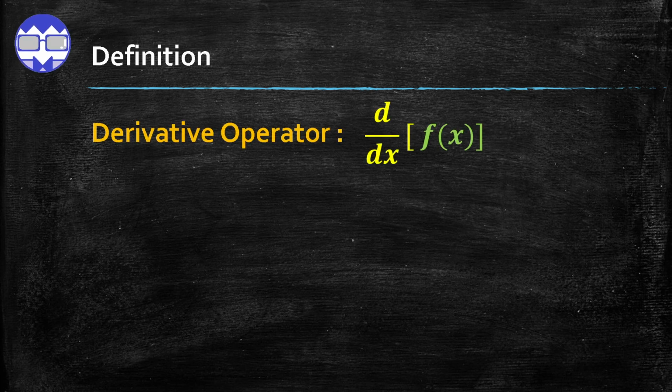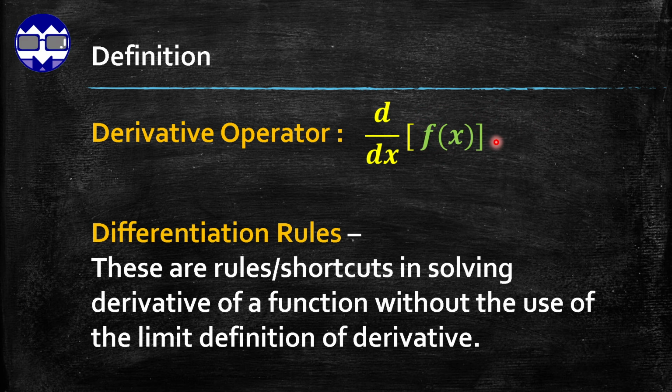Then we have the derivative operator. If you see d over dx, it means that you're going to get the derivative of whatever is the function here. Now let's go to the differentiation rules. Differentiation rules are just shortcuts, so that instead of using the limit definition of the derivative, it's very easy for us to solve.